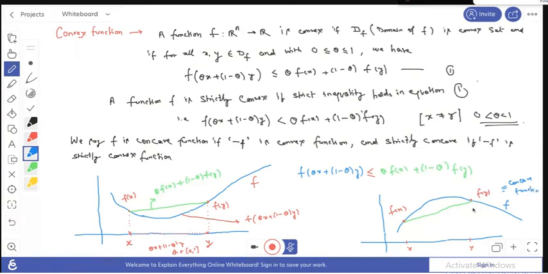Okay, because this line is below the curve, and in the other case this line is above. Okay, अगर वो straight line above है तो आपका convex function, otherwise this is your concave function.